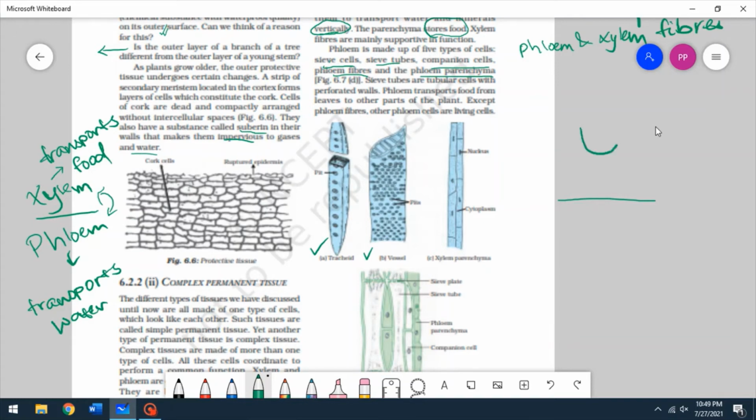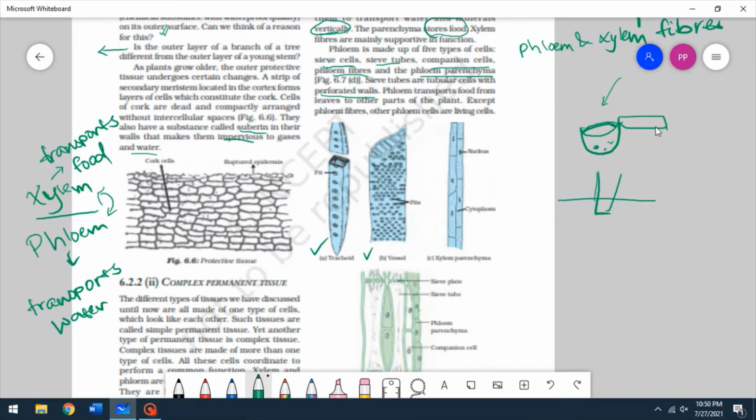This straining device, if you picture what I mean to draw, it's a very bad representation, but you pour tea through it, and then you have this glass that collects the tea, but then there's ginger present here. So those holes in there, that's called perforation. And sieve tubes have perforated walls through which it transports food from leaves to other parts of the plant.